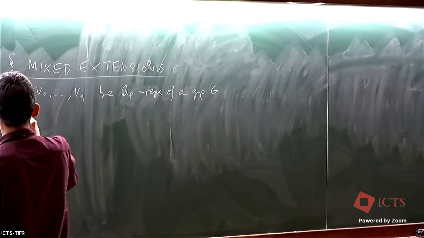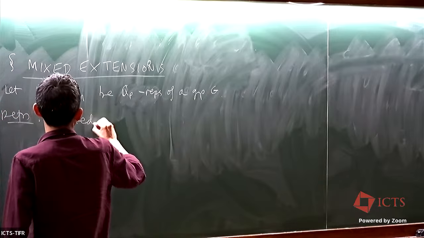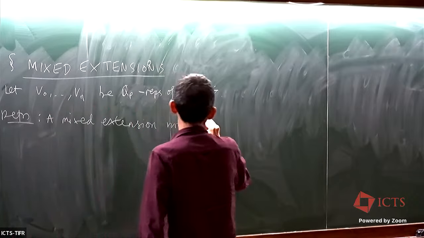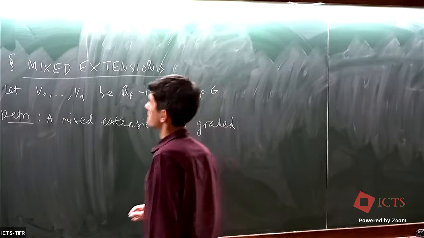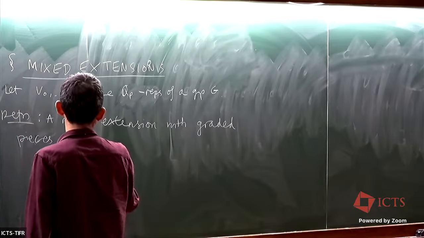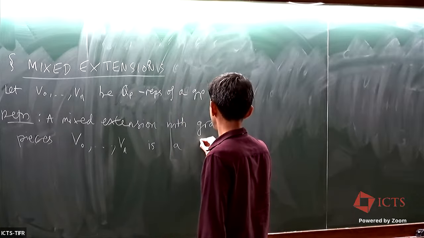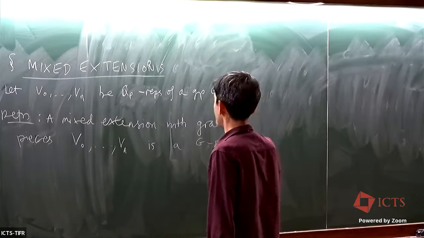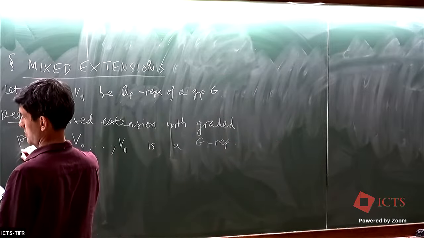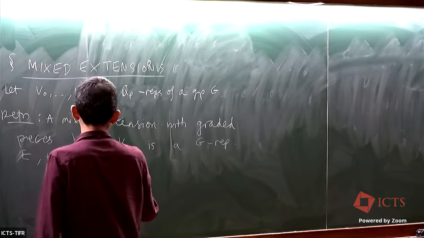So a mixed extension with graded pieces V_0 up to V_n is a G representation M, maybe let's call it E, together with two bits of data.